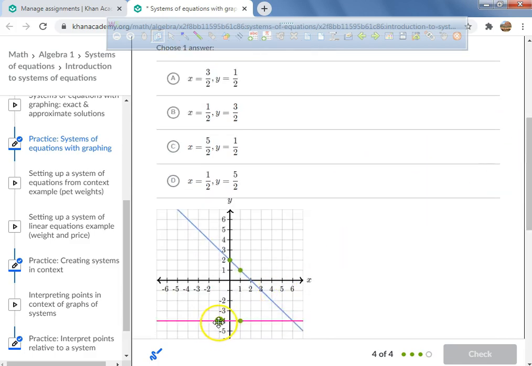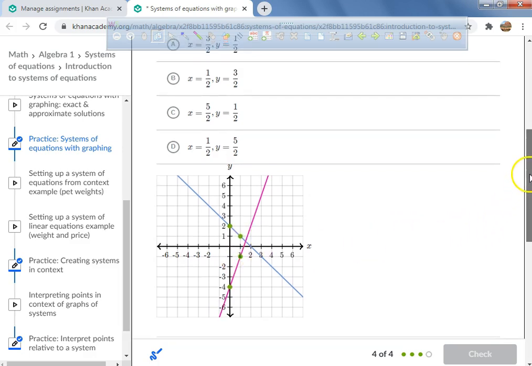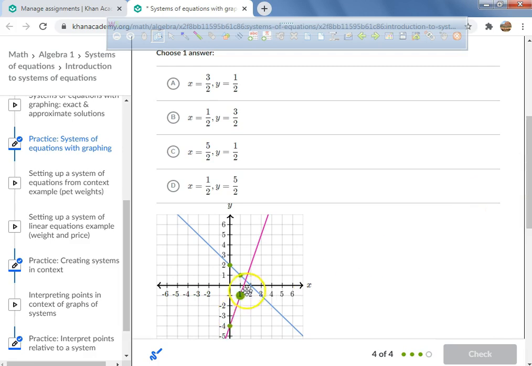Now I'm going to go down to -4, which is right here. And I have a slope of 3, so I have to go up 3 and over 1. So we're going to estimate this point right here. Would you guys agree my x value is slightly more than a 1? It's like 1.5, and then it goes up about a half.